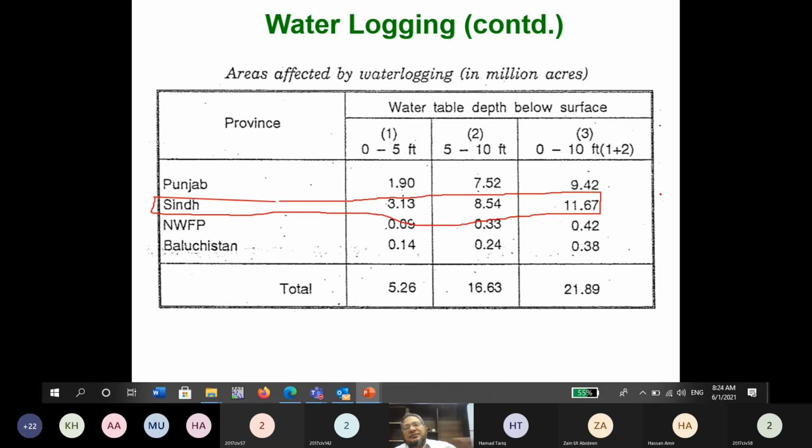The land is relatively more flat, and the soil grain size is relatively finer, and moreover, they use a lot of irrigation water, and that's why the Sindh area is waterlogged at number 1.